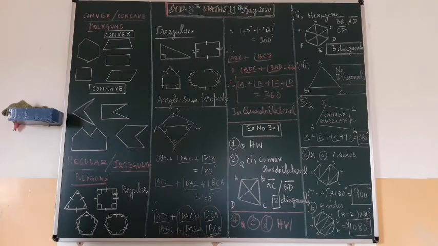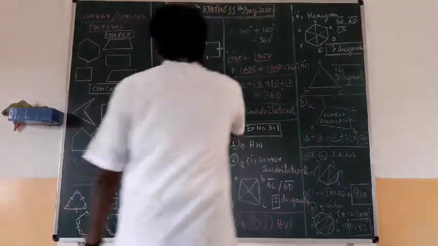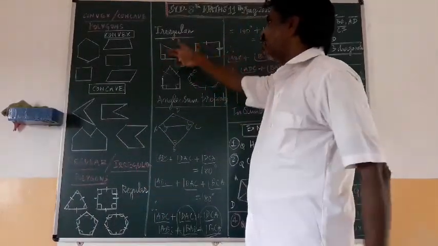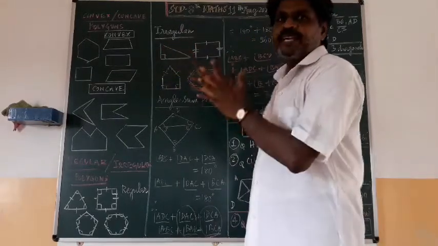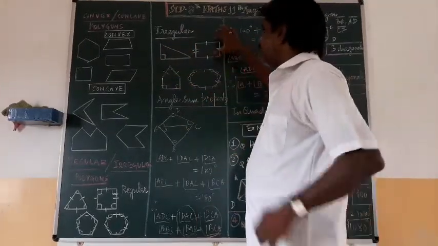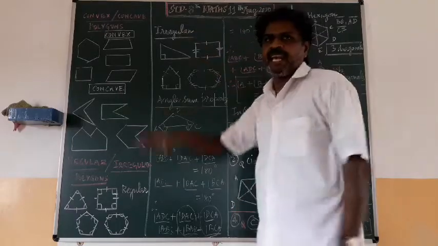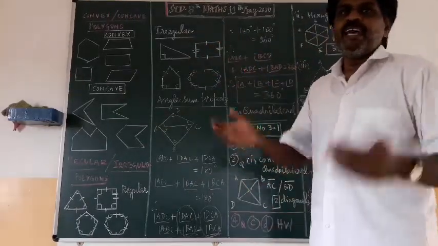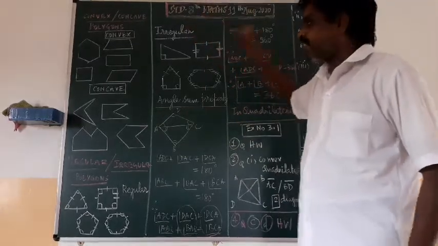What is an irregular polygon? It will not have equal sizes and equal angles. Example, this triangle: one angle is 90 degree, another is less than 90 degree, one side is long, one is short, different sizes are there. In a rectangle, opposite sides are parallel and equal, and angles are 90 degree, but all the sides are not equal.